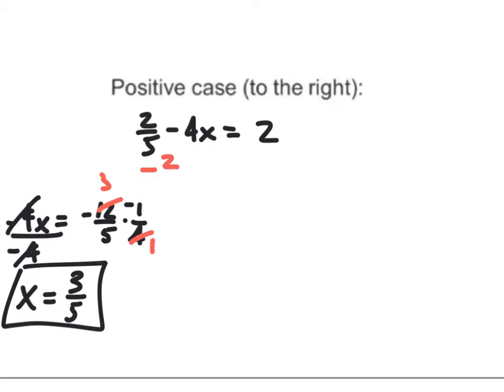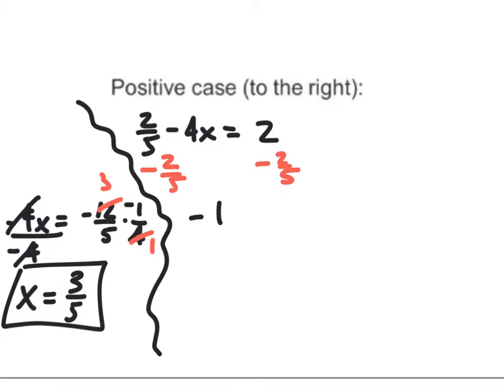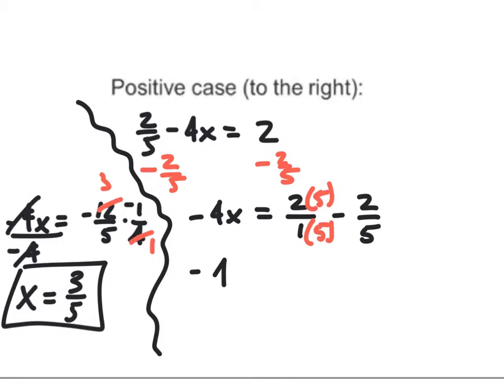Over here, same thing. I'm going to subtract 2/5 from both sides. Let me clean this up a little bit. So then I get negative 4x is equal to 2 over 1 minus 2/5. If I get a common denominator of 5, multiply top and bottom by 5, I get negative 4x is equal to 10/5 minus 2/5.